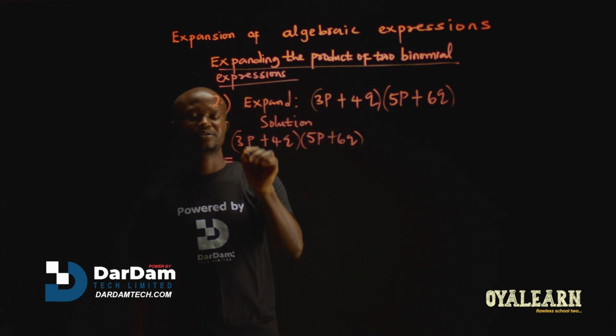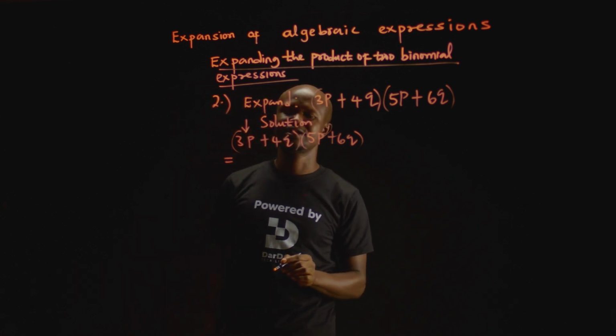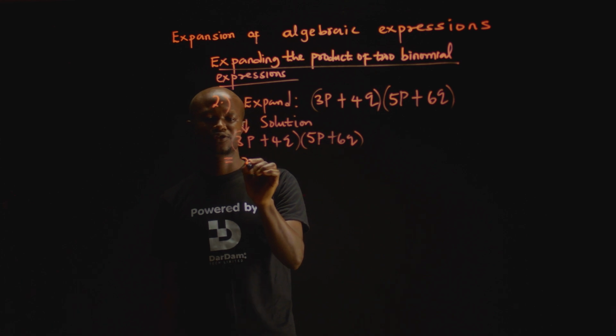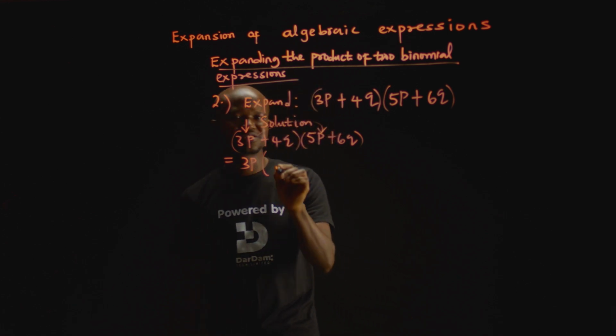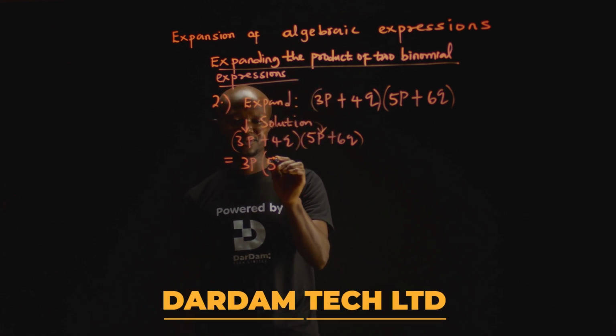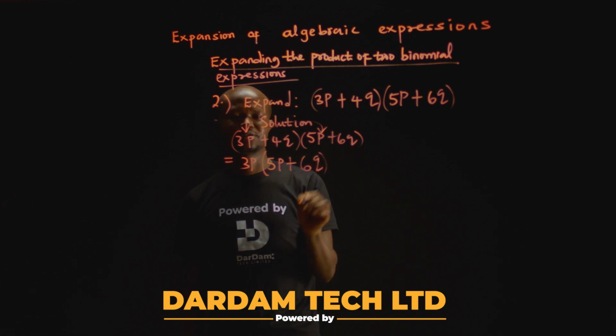Now, the first term in the first binomial expression is 3P. So we use this 3P to multiply the whole of the second binomial expression, that's 5P + 6Q.